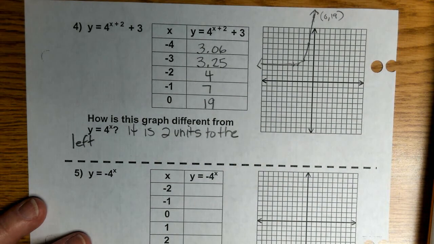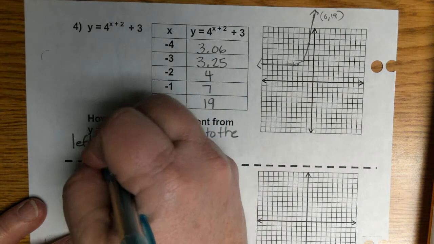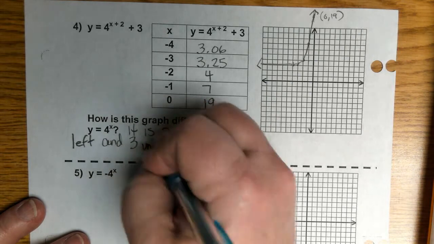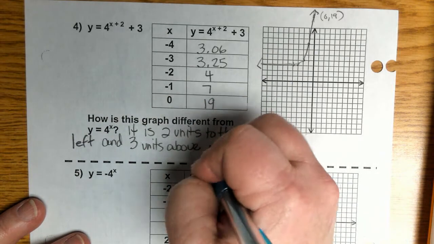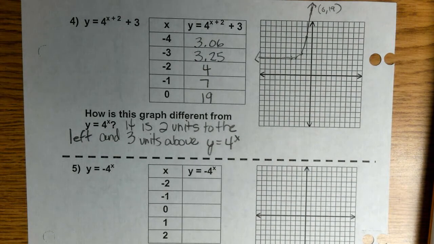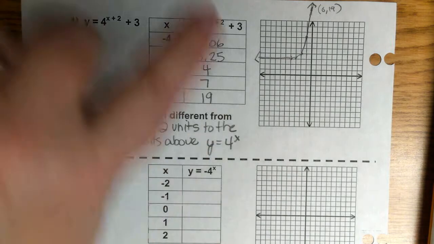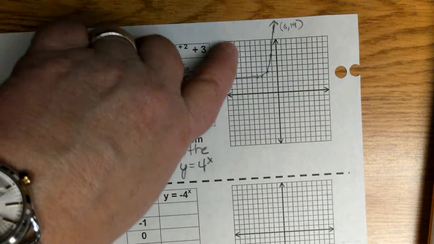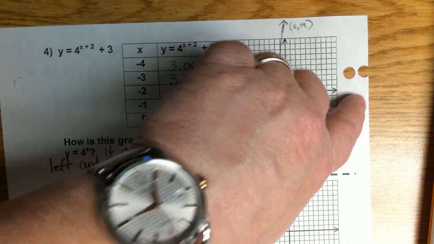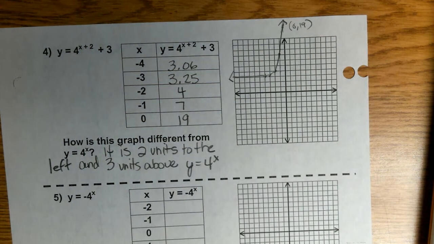And 3 units above y equals 4^x. Okay? So, remember that the only time it's going to go this way is when your a value is between 0 and 1. Okay? It's not going to go that way unless your a value is between 0 and 1.